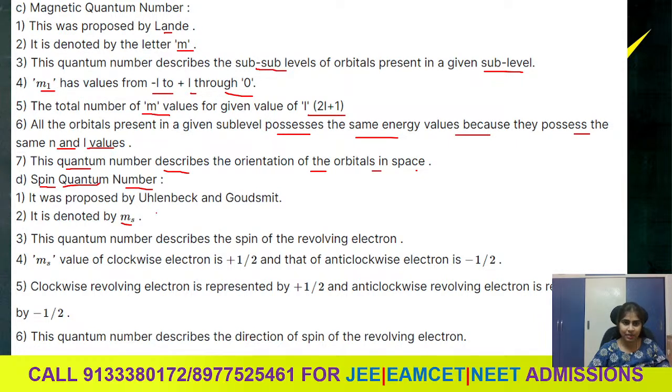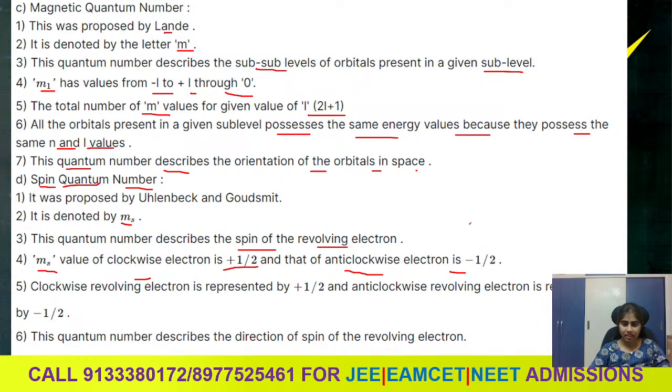The spin is denoted by Ms, and this quantum number describes the spin of the revolving electron. In the name itself we have spin, which means the spin can be described by this quantum number. This Ms value of a clockwise electron is plus half and that of an anti-clockwise electron is minus half.